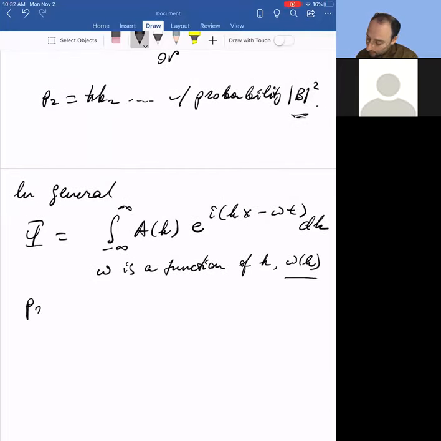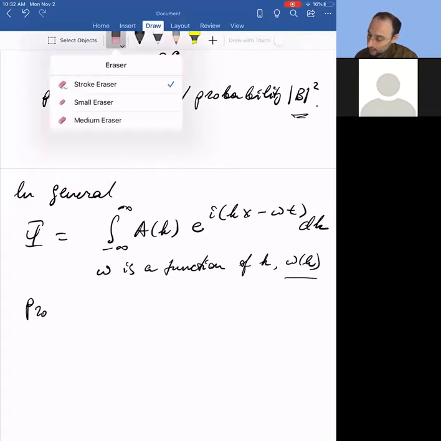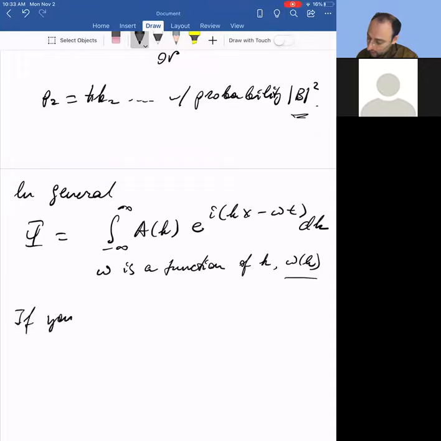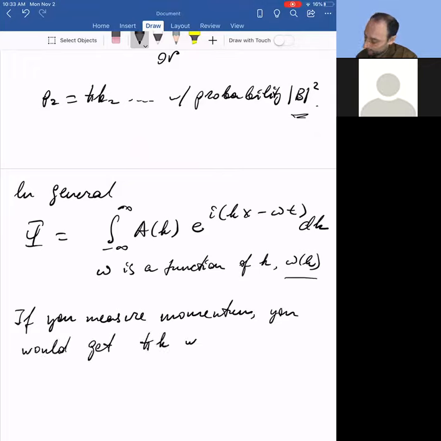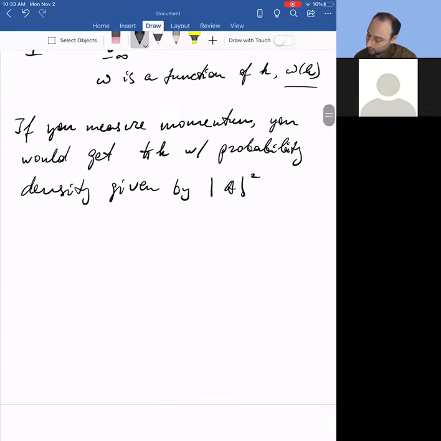Okay, so then probability. Now if you measure momentum, you would get h bar k with probability density given by the square of the amplitude of k.